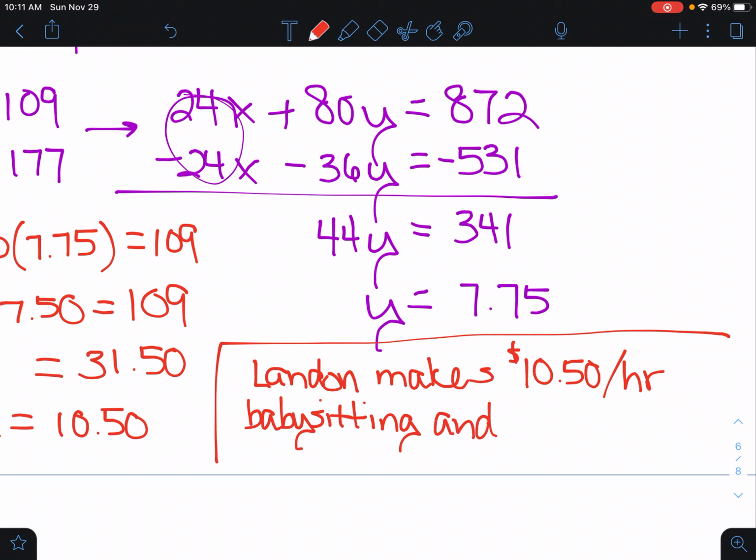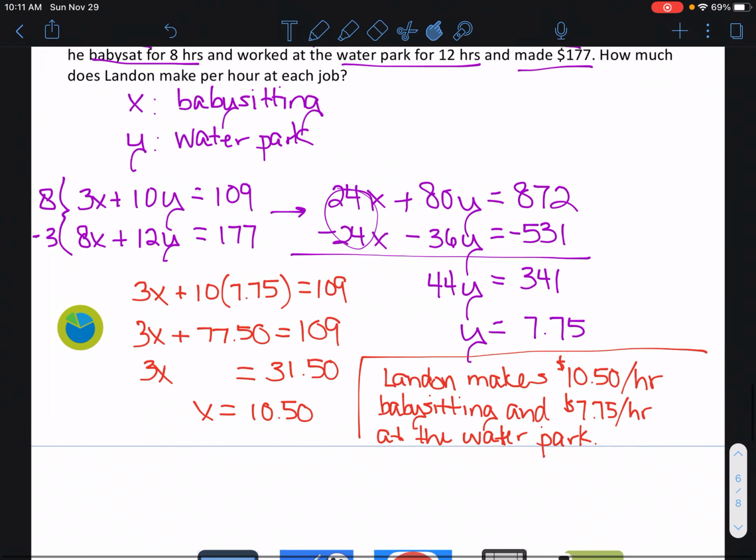And $7.75 per hour at the water park. Okay, there we go. That's our answer.